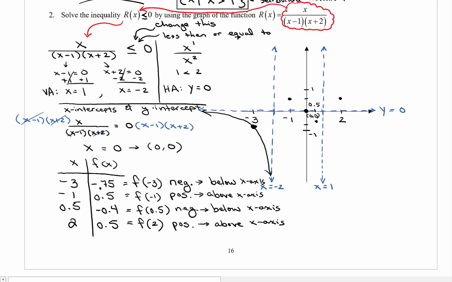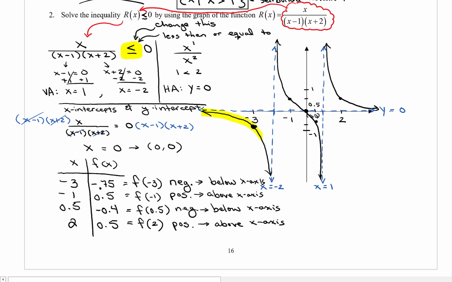So this is what the graph is going to look like right here. It's going to get very close. And then in the middle, in between the two vertical asymptotes, it's going to look like this. And then this one is going to look just like this. I know it cannot cross those vertical asymptotes. And because I already went through the trouble of finding the x-intercepts, and the only one I found was that (0, 0), it can't cross anywhere else on the horizontal one.